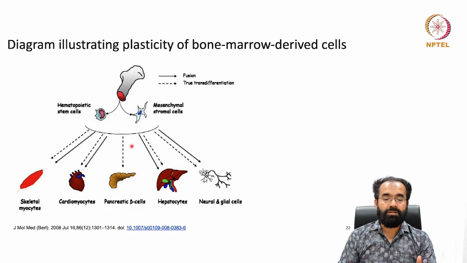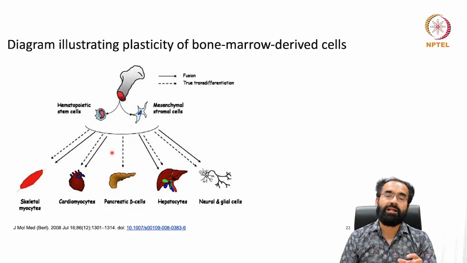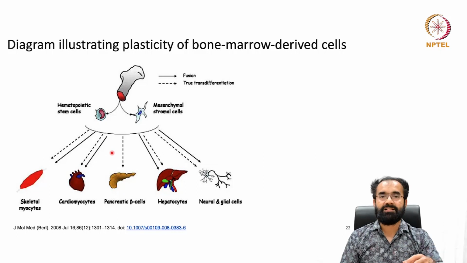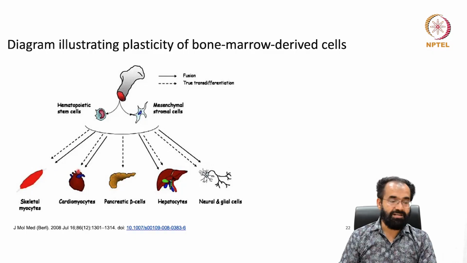So normally the hematopoietic stem cells and mesenchymal stromal cells are amenable to both. That is, they can be fused or they can be trans-differentiated. And they can become skeletal myocytes, cardiomyocytes, pancreatic beta cells, hepatocytes, neural and glial cells.